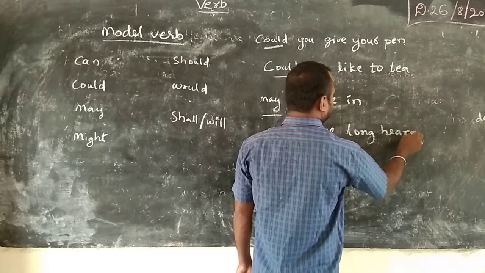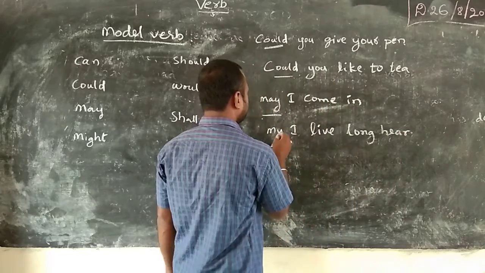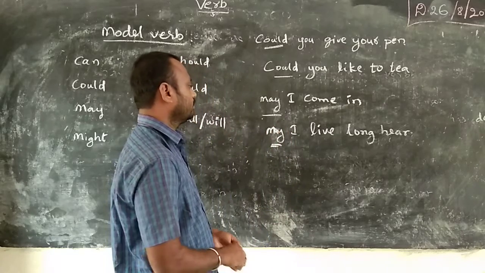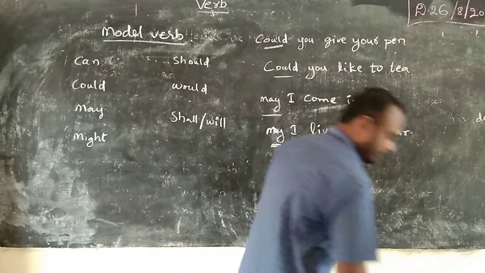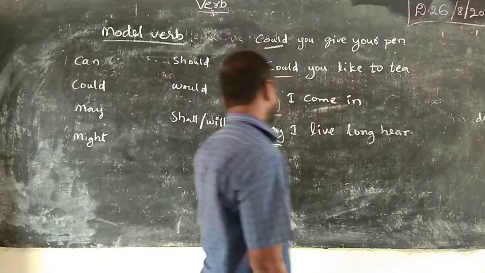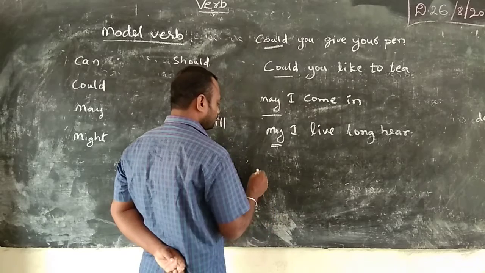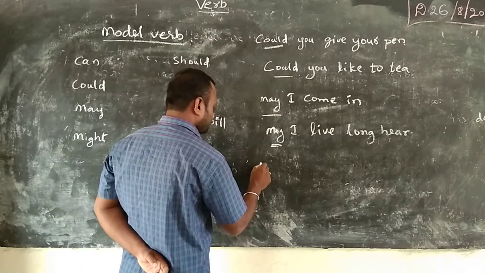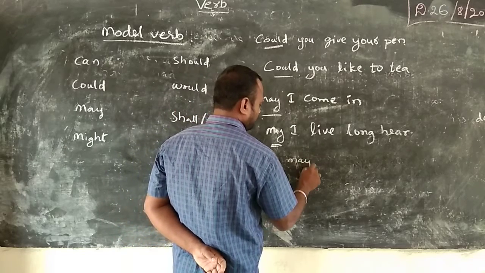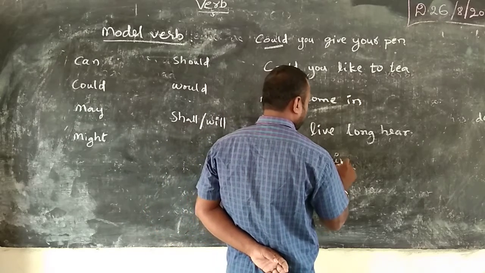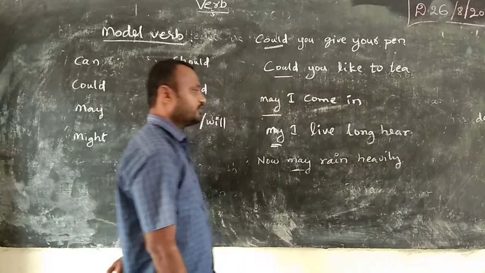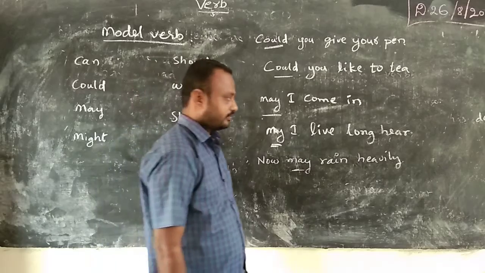Here may is used as possibility. Now may rain heavily. Here may is used as an expectation.